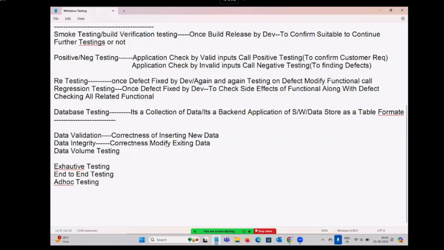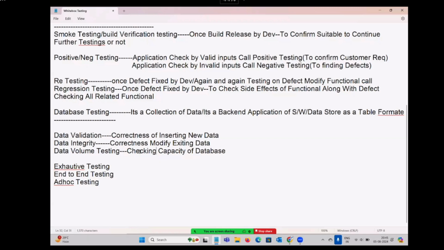Next, data volume: checking capacity of database. Everyone, checking the capacity of the database is called data volume testing.